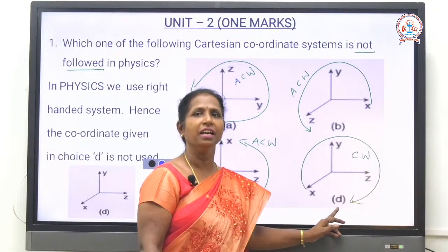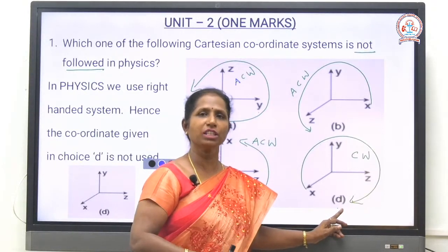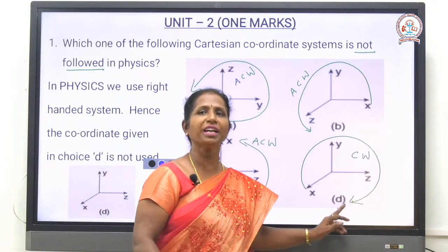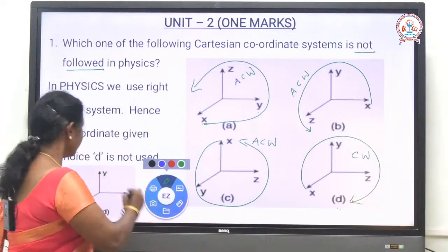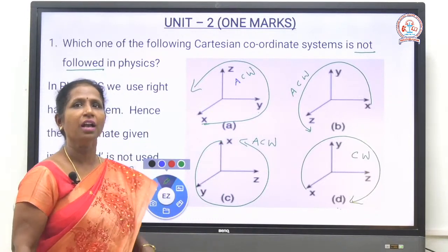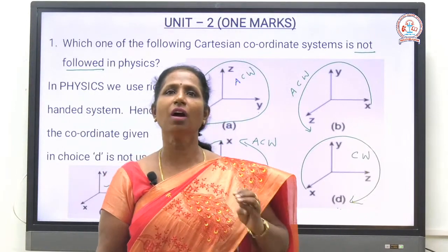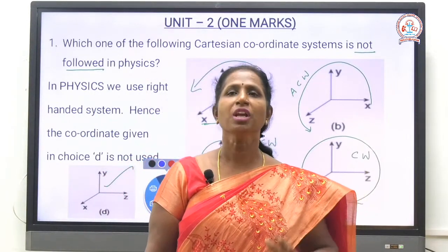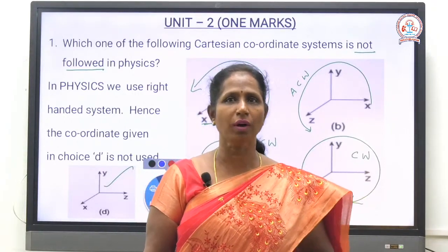So option D, which is clockwise direction, in which we write X, Y, Z, is called the left hand coordinate system. This we do not use. So the correct answer for the first question is option D, the left hand Cartesian coordinate system, which we do not use. We use only the right hand Cartesian coordinate system.